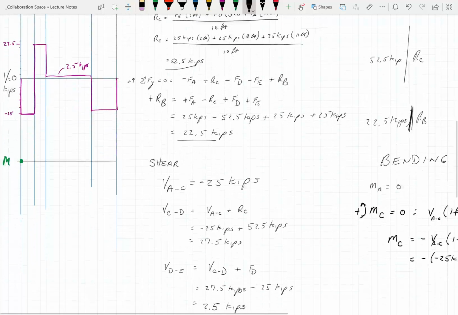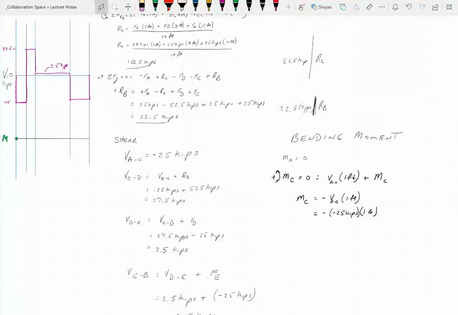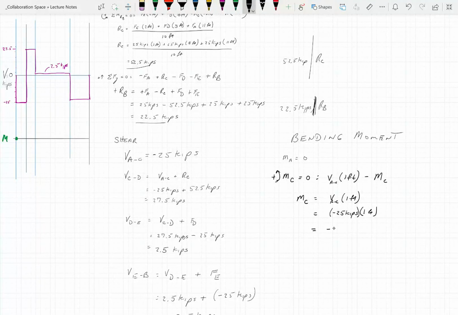Minus, plus, that's there, cool. All right, so we're minus 25 kip feet, okay? So really, going down now, we're heading this way, minus 25, okay?